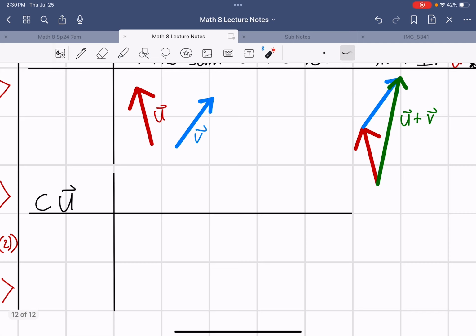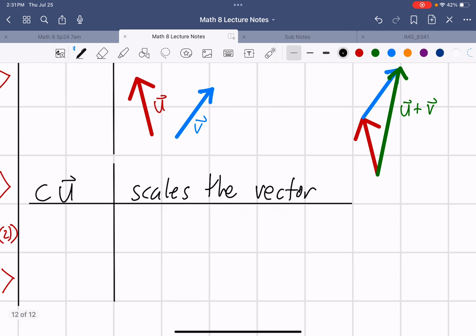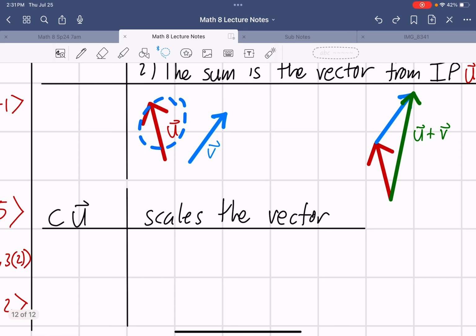And now the scalar, again, this just scales a vector. And naturally, we always think about scaling to make things larger, but it does a little bit more than that geometrically. So once again, let's take this same vector, copy vector u.